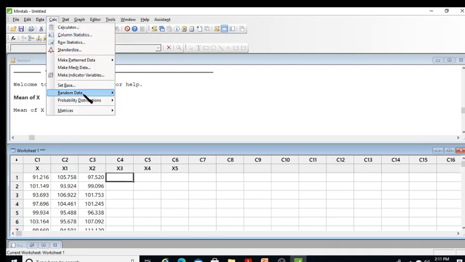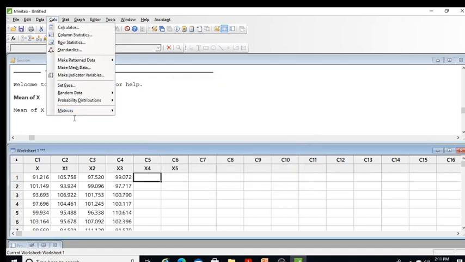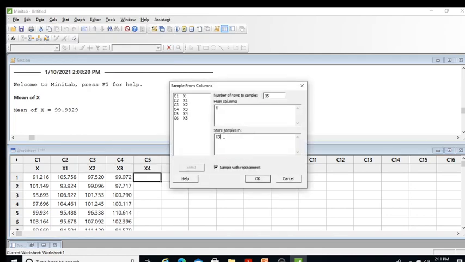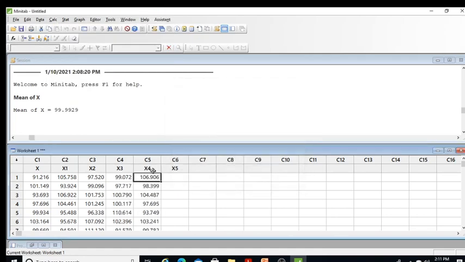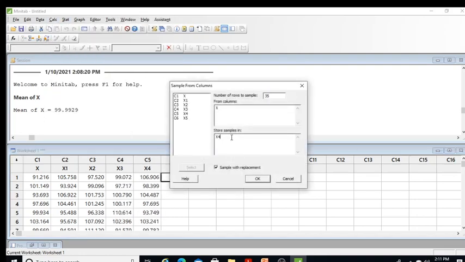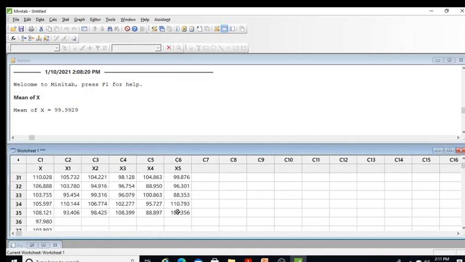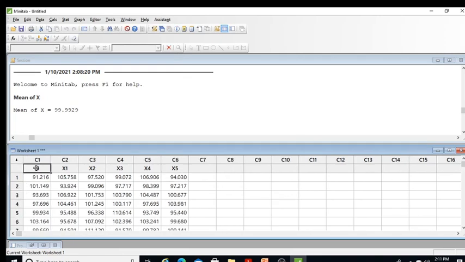So the fourth sample is generated, and this time again the fifth sample is generated. Let's say I'm just generating 5 samples, and so you can see that 5 samples have been generated with sample size 35 from this population X. X is my normal population, as I already mentioned, with a mean of 100 and a standard deviation of 5, and out of that I randomly selected 35 elements.